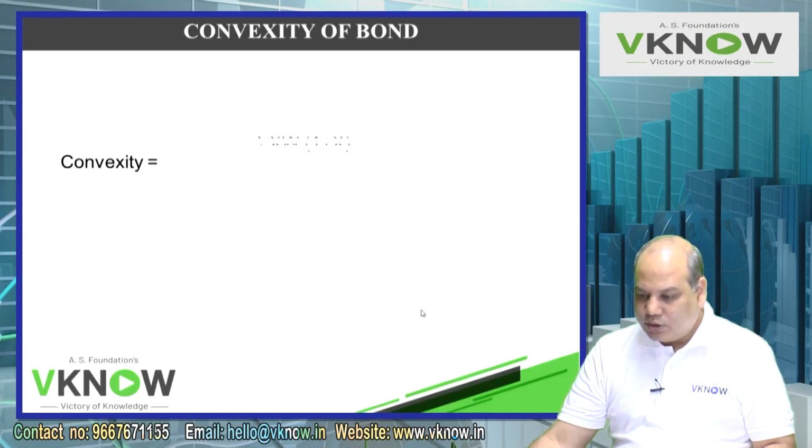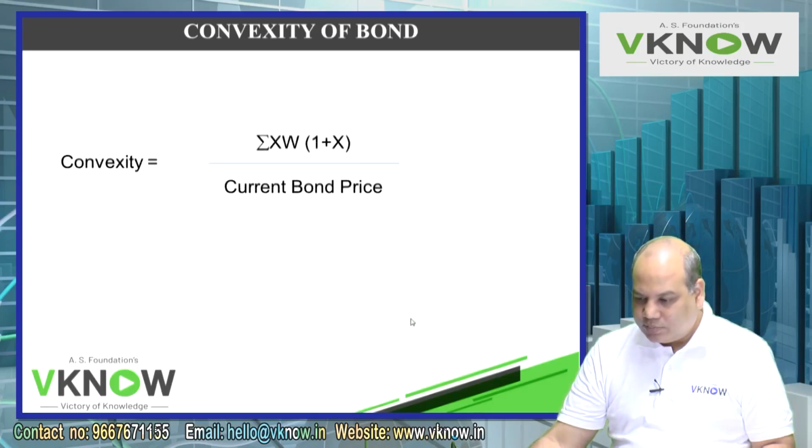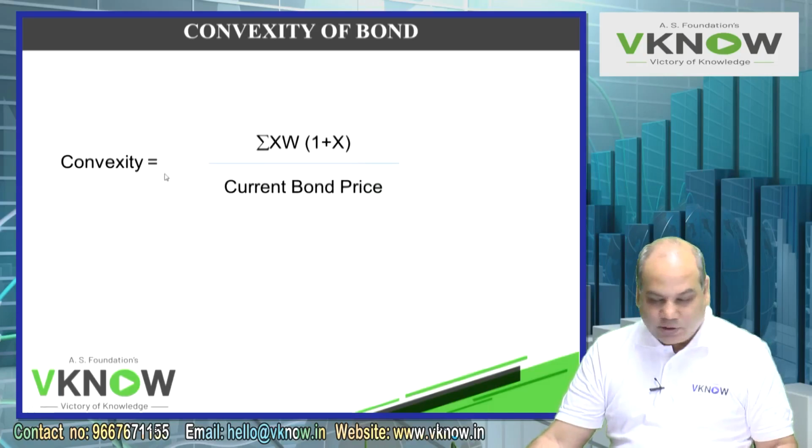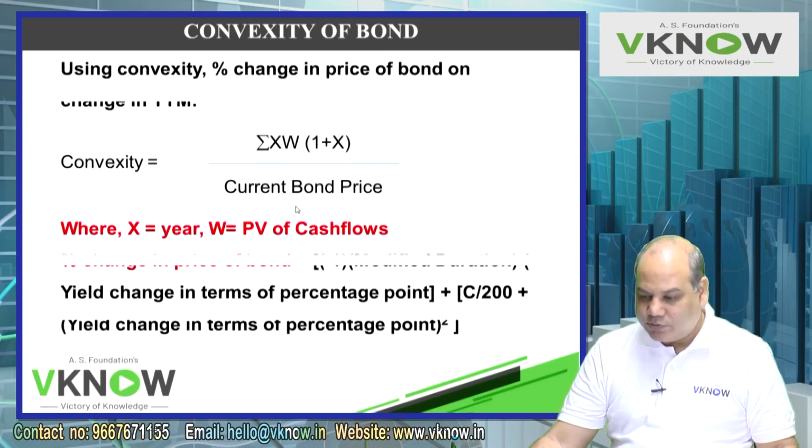Now we are students, we are more interested in number crunching. So let us first see the formula of convexity. The formula of convexity is summation x w into (1 plus x) upon current bond price.